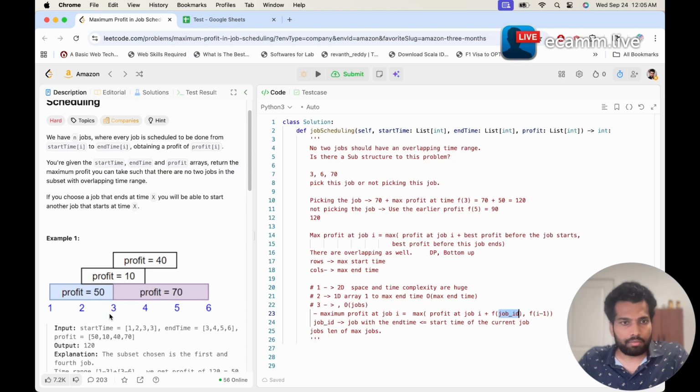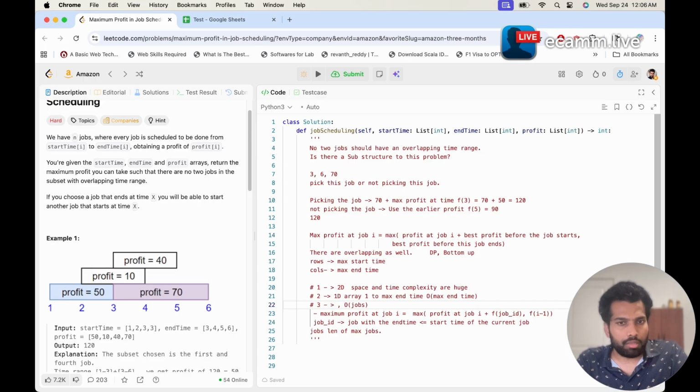Like here, we are asking for the job ID which has the end time less than or equal to start. So that means we can either do a linear search there, or we can also do a binary search on sorted jobs.